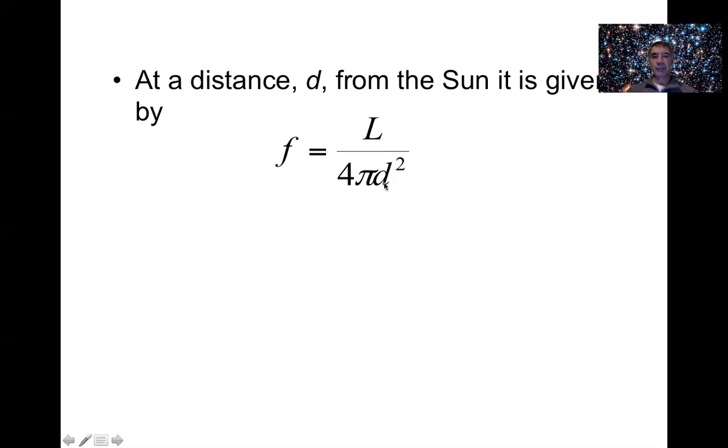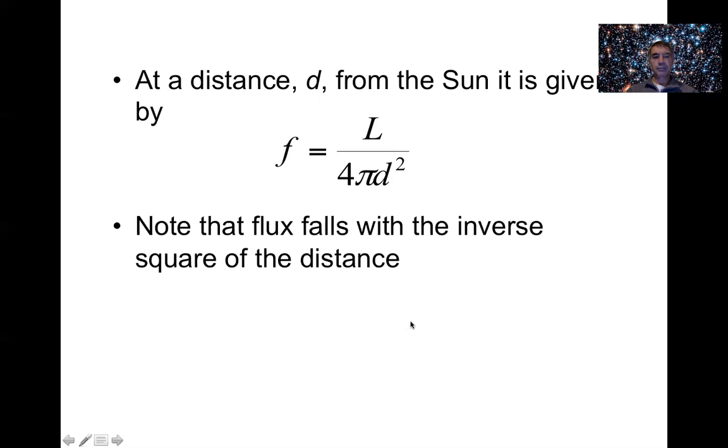So d here is the distance away from the sun or the star. This is easier to explain geometrically in a moment with a diagram, but let me make a couple more points first. A key thing here is that, for a given object, let's say the sun, with a given luminosity, the further you are away from a star, the flux drops.